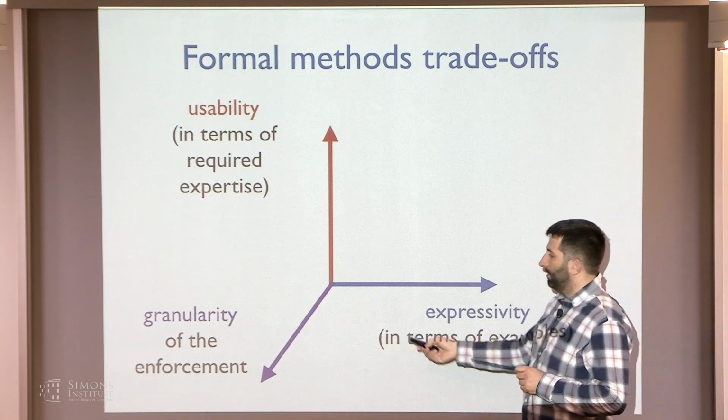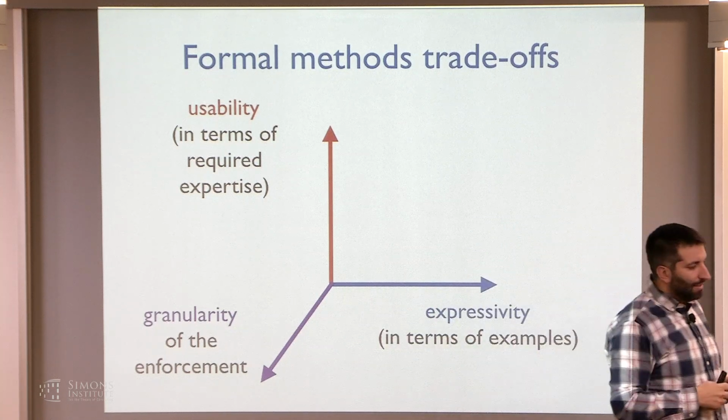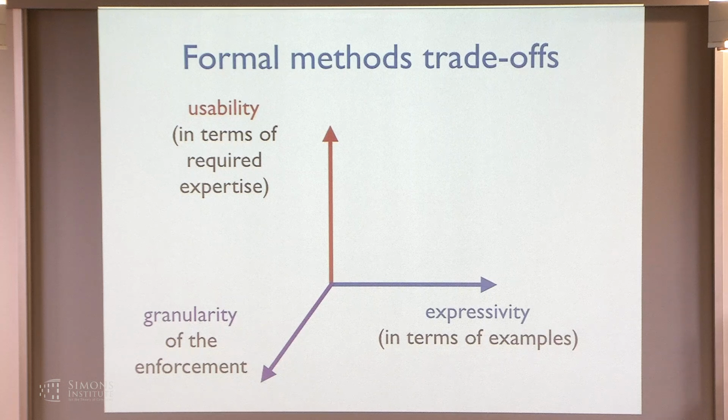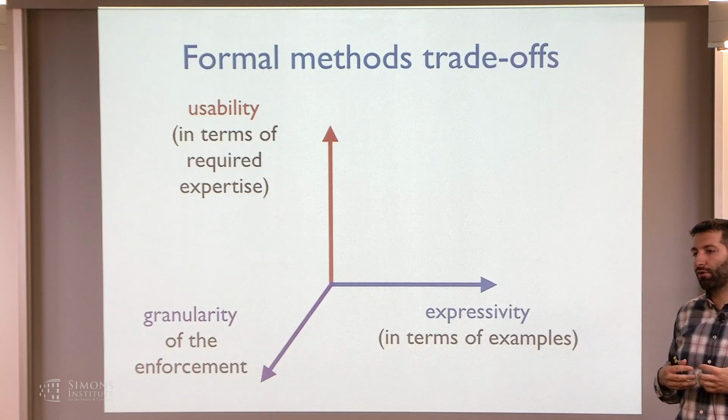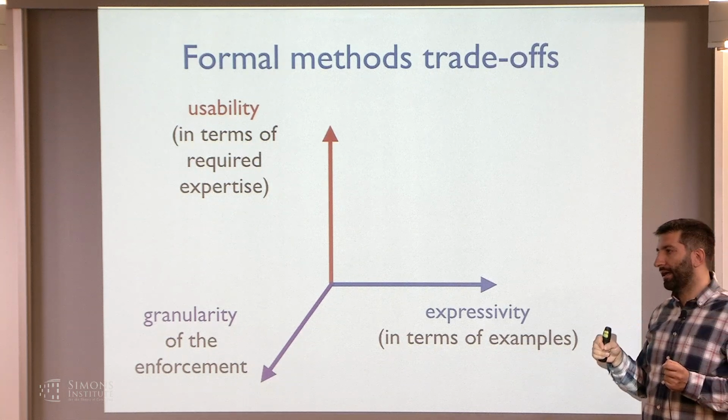Another direction is the granularity of the enforcement. This is maybe not clear now, and it will become more clear later. It is how far we go in the verification, in the sense of how fine-grained we go.